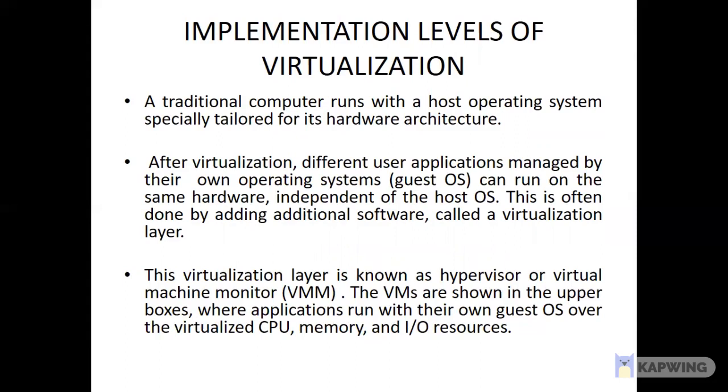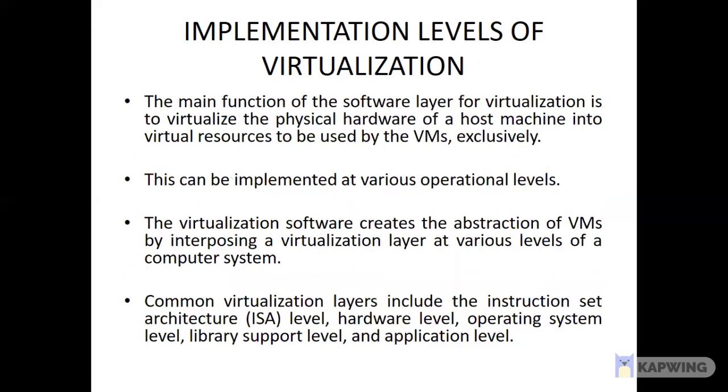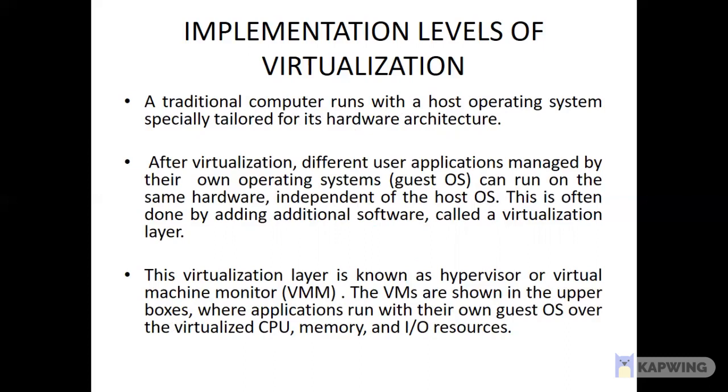This virtualization layer is known as a hypervisor or virtual machine monitor. The virtual machines are shown in upper boxes where applications run with their own guest OS over the virtualized CPU, memory and IO resources.